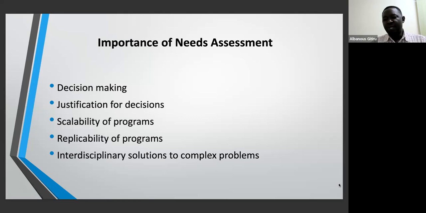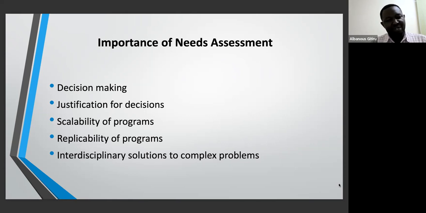You do your program, finish the implementation, assess it all through, and then you can use the knowledge from the first program to ensure that the implementation in the different context is seamless.